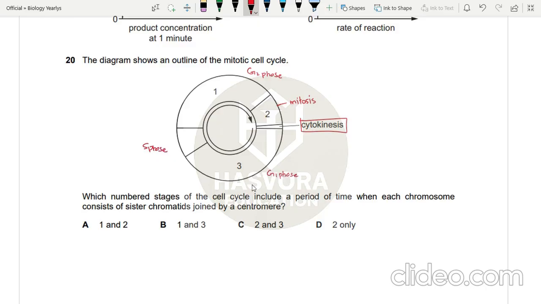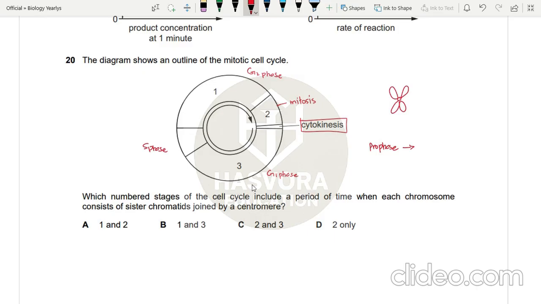Now, which numbered stages of the cell cycle include a period of time when each chromosome consists of sister chromatids joined by a centromere? The clue they want to give you here is: at what stage will it look like this? We know that this happens in mitosis, in the prophase, when it condenses to produce sister chromatids, and also after the S phase.